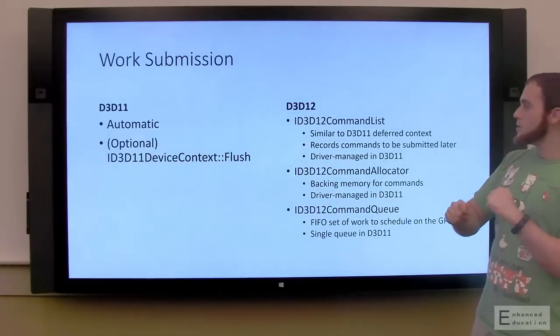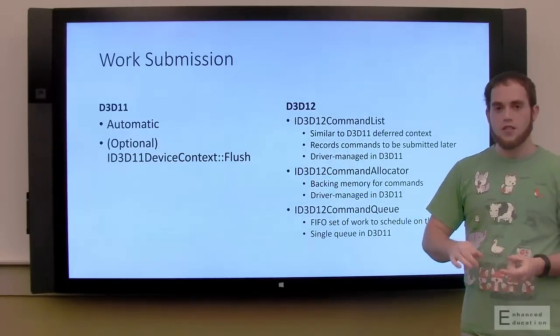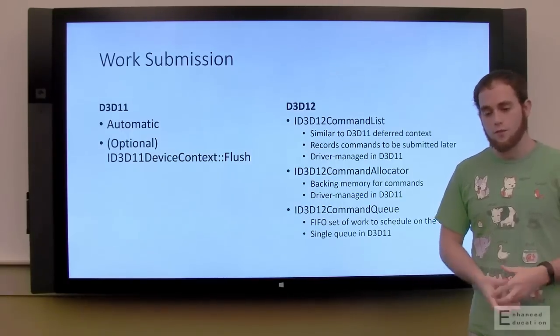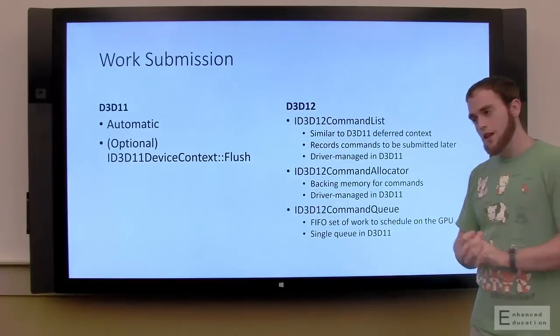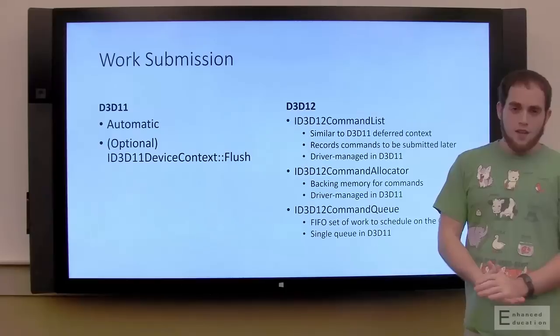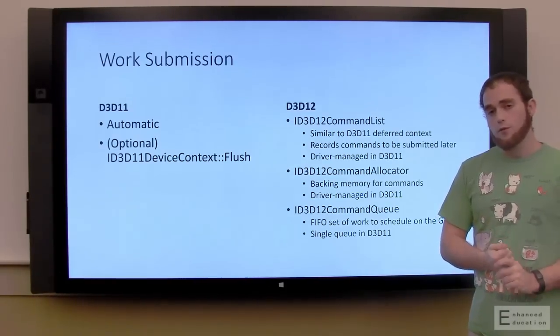So the primary object that you care about is the ID3D12 command list, specifically the ID3D12 graphics command list for rendering operations. This is where you would record your commands. It behaves very similar to a D3D11 deferred context, if you're familiar with that.